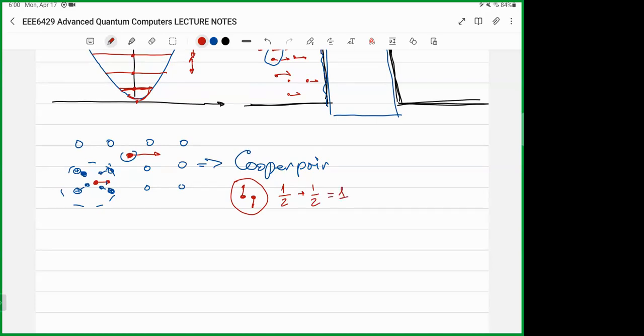So the Cooper pair gets the spin 1. So the Cooper pair is a boson.